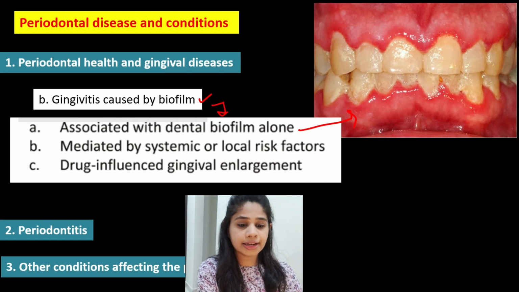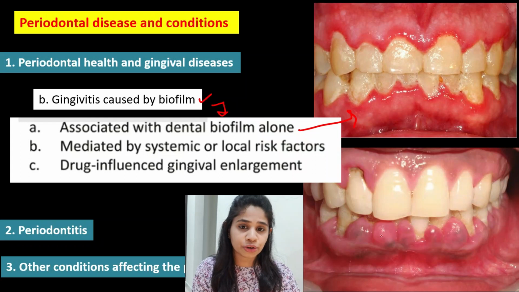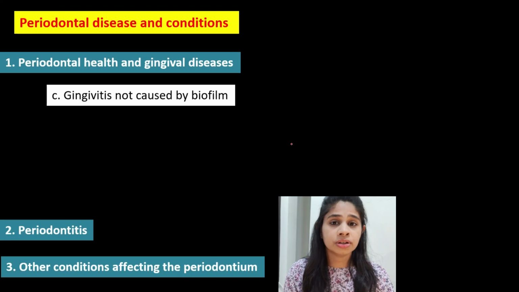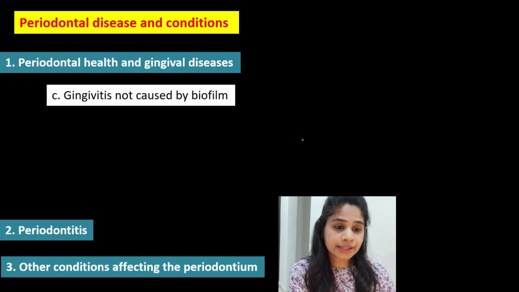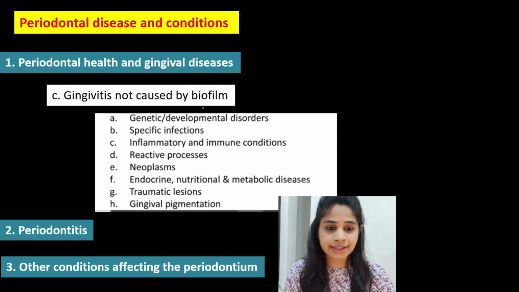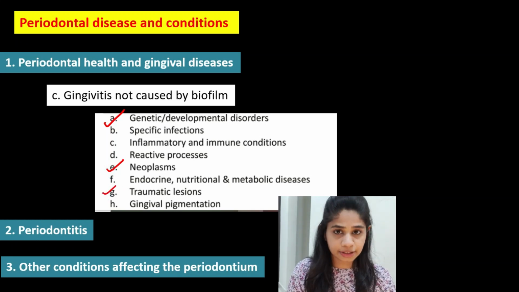The third category is drug-induced gingival enlargement. This is an example of phenytoin-induced gingival enlargement, wherein we see plaque accumulation along with the drug contributing to the gingival overgrowth. Now coming on to the third category, we have gingivitis which is not caused by biofilm. In this we have subgroups such as genetic and developmental deformities. We have certain neoplasms, certain traumatic lesions and various other conditions.